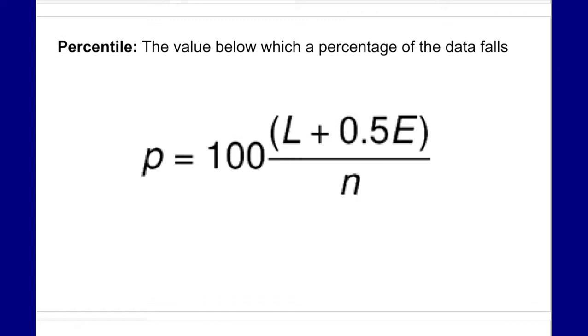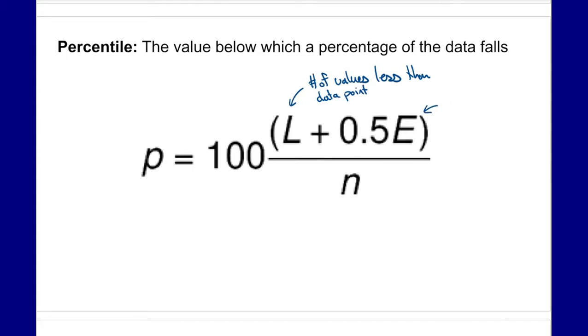So the formula is P equals 100 times L plus 0.5E, divided by N. L refers to the number of values less than the data point. If we're looking at all of our values and at one specific value, what is the number of values less than that.